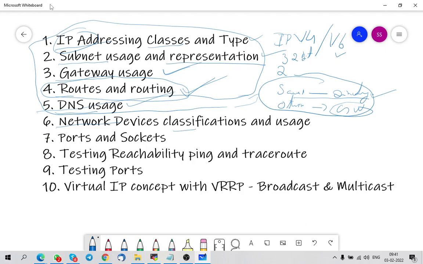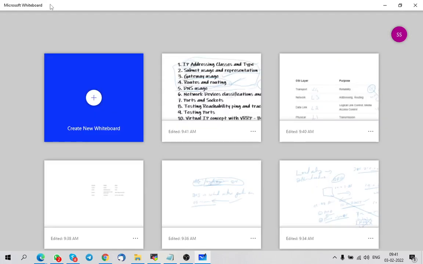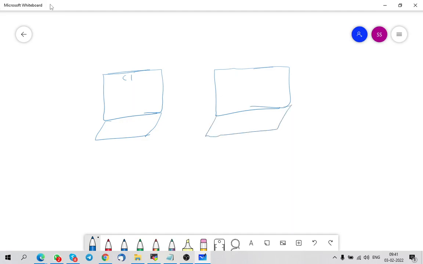Now ports and sockets. Basically, in our applications we will know that we use different ports. So assume that this is computer 1, and here there is a computer 2. Now there is a concept of server and client.